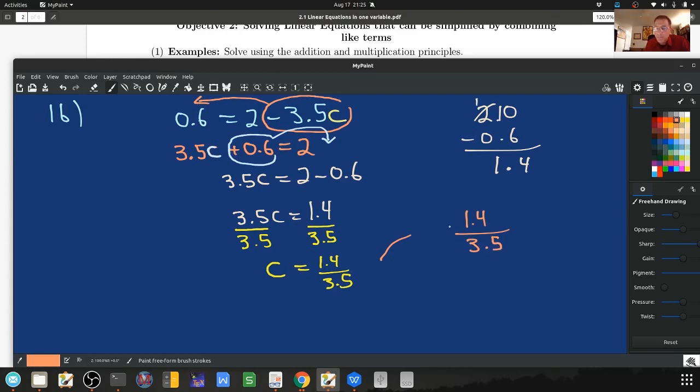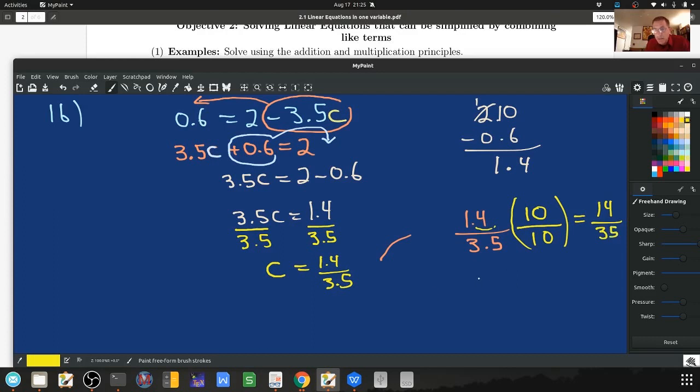Don't do it. I can't change its value, but what I can do is multiply it by 1. If I multiply this by 1, then I have not changed its value. But I'm going to multiply it by a special form of 1: 10 divided by 10 is just 1. So when I multiply 1.4 by 10, I just move the decimal place over and I get 14. When I multiply 3.5 times 10, I move the decimal place over and I get 35.